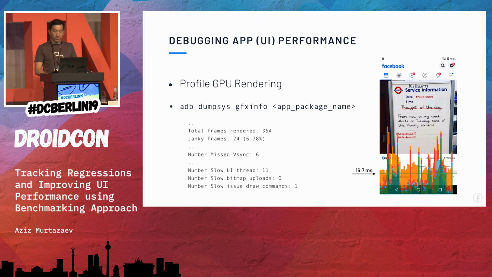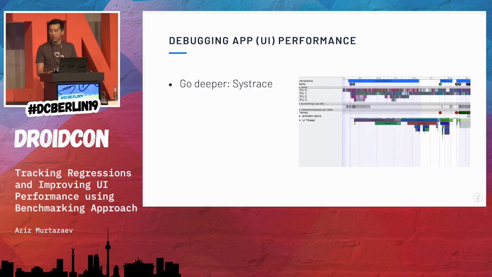Or you can go even deeper. So how many of you use systrace in daily work? Okay, nice. It's pretty cool. Systrace is a very powerful tool. It gives you very detailed information about what's actually happening in the app. It gives you information about each process and each thread in the process, and some instrumented code.